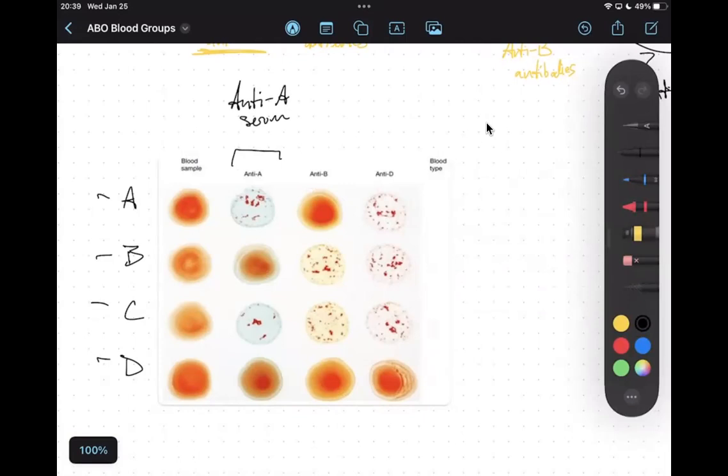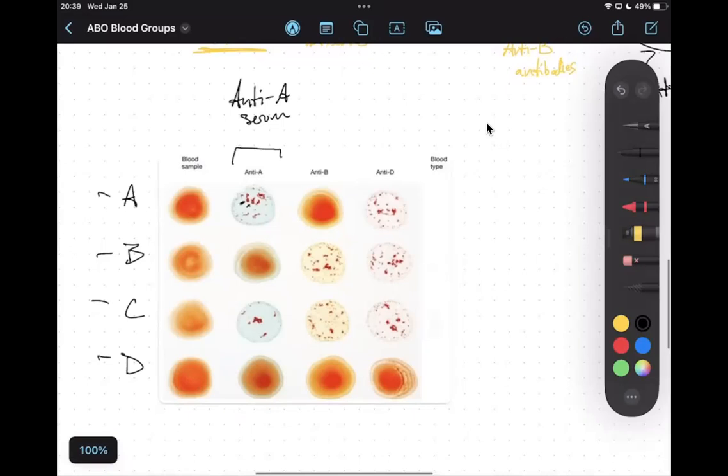What this is saying is, if we add this anti-A serum to this drop of blood and it reacts and you get these little clumps forming in this process called agglutination, then that means that person has the A antigen in their blood, okay? If you add the anti-B serum to this column and it agglutinates, that means they have the B antigen. And if you add an anti-D serum to this column of blood and it agglutinates, then that means that person has the D antigen, or the RH antigen, okay?